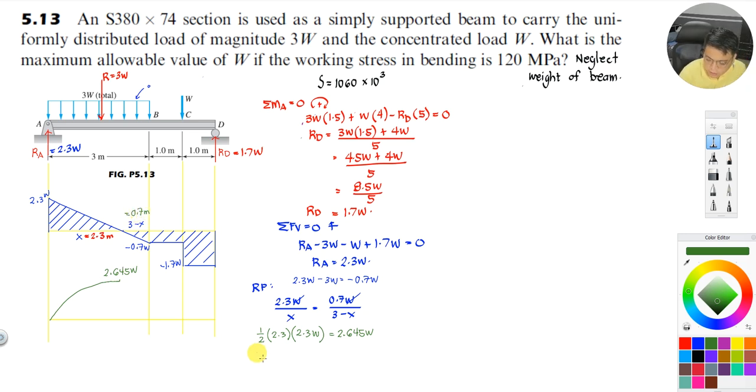Next point: 2.645 W minus 1/2 of 0.7 of W multiplied by 0.7 meters.